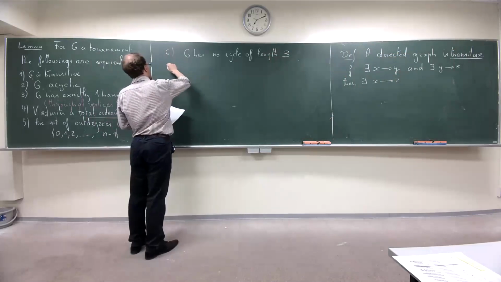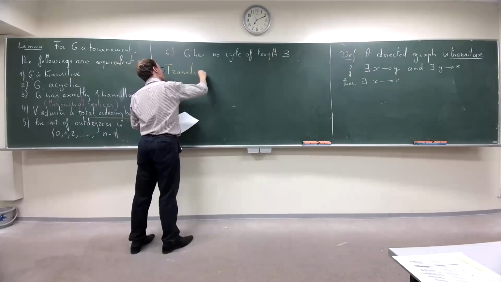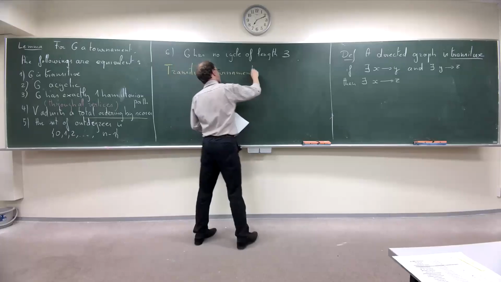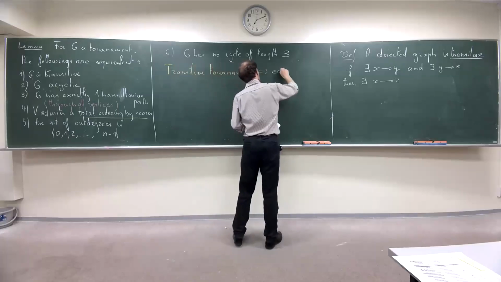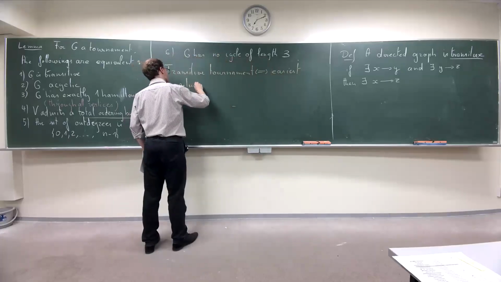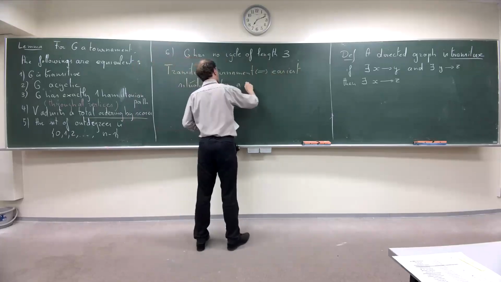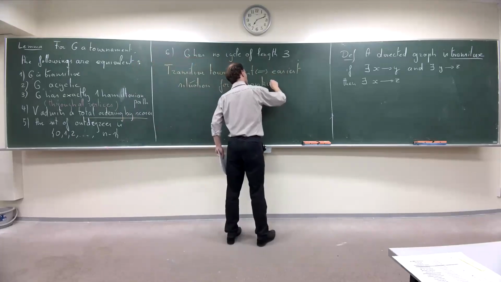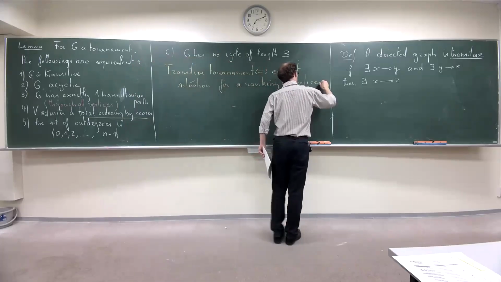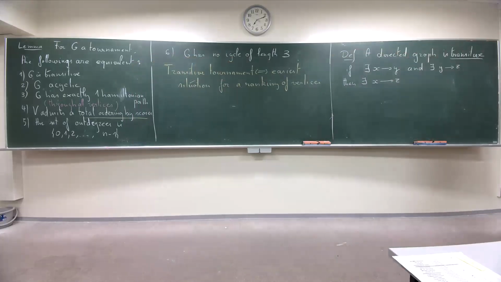A transitive tournament is the easiest situation for a ranking or an ordering of vertices, because you naturally have a first one, a second one, a third one, and so on.